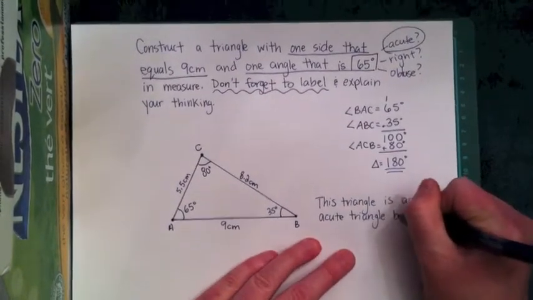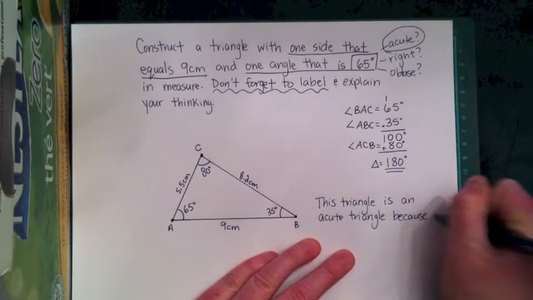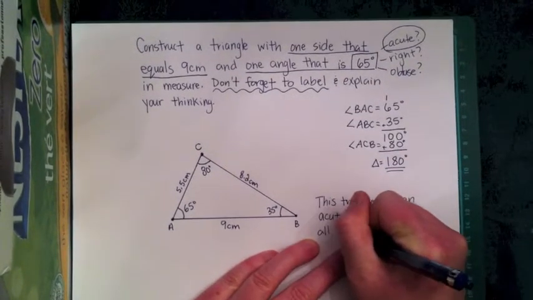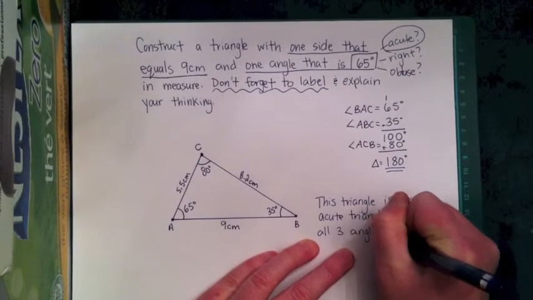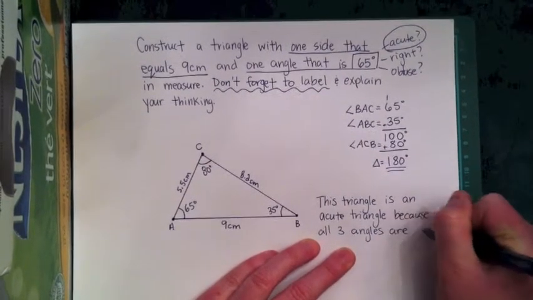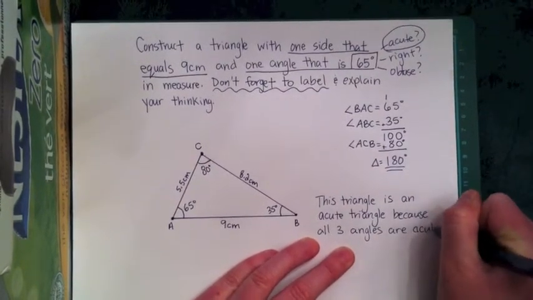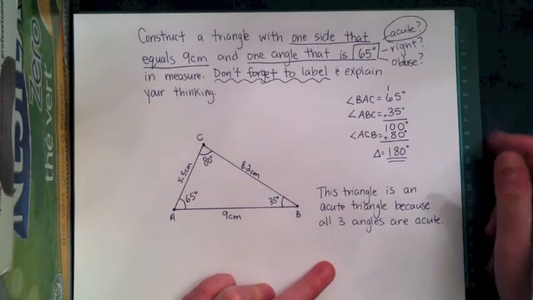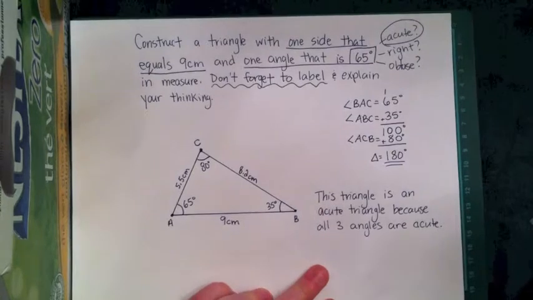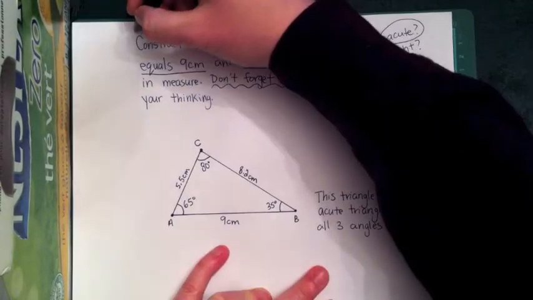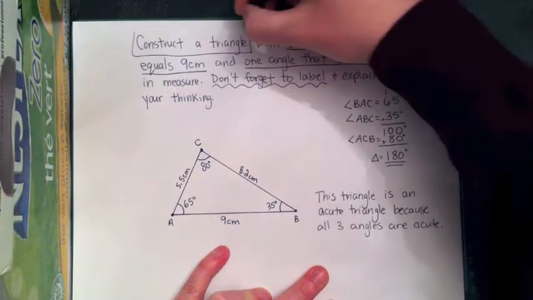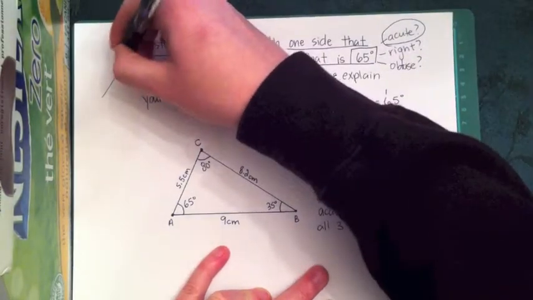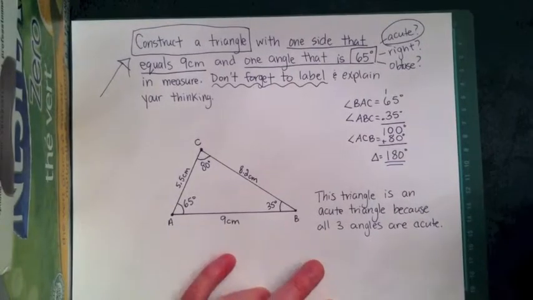Well, because all three angles are acute. And that right there is how you construct a triangle.